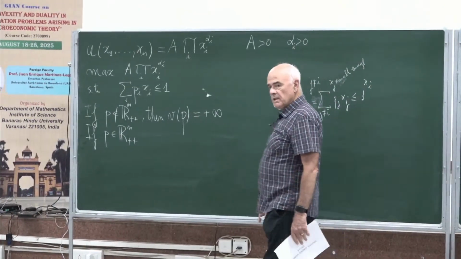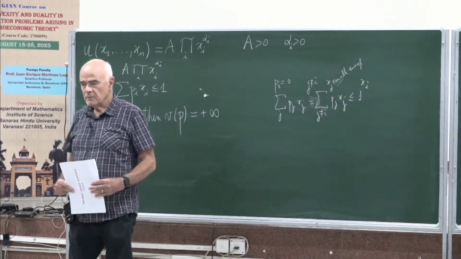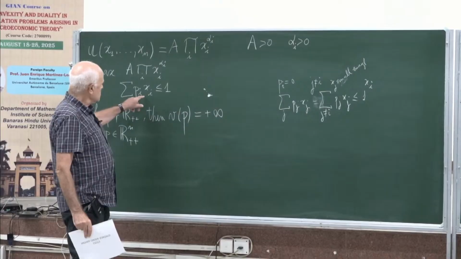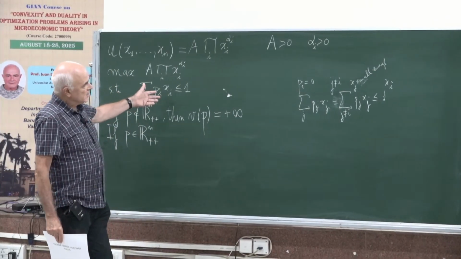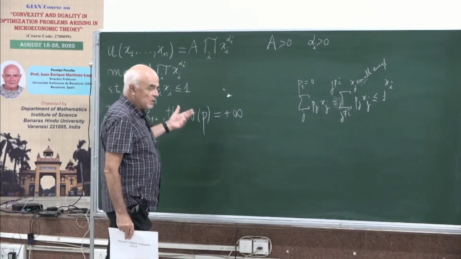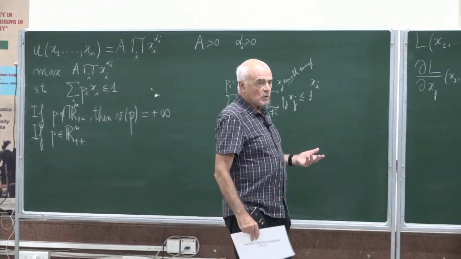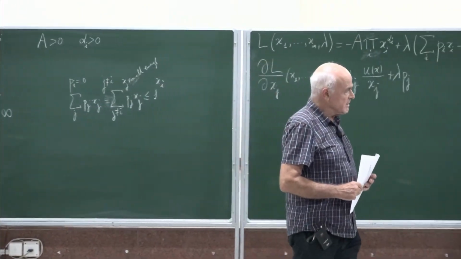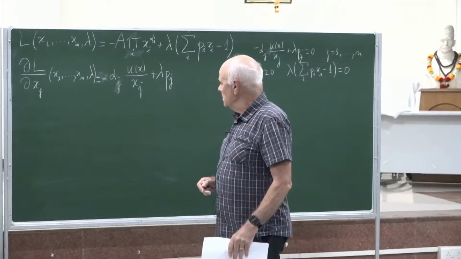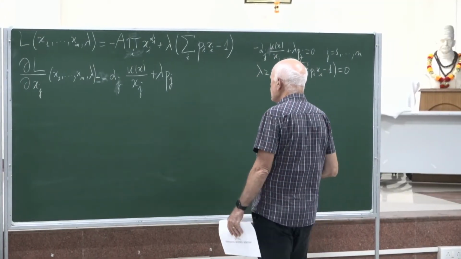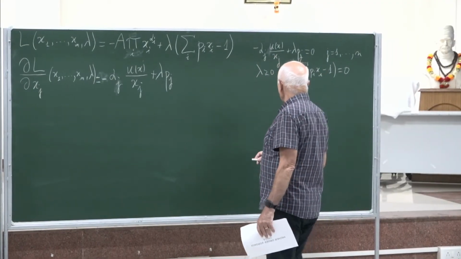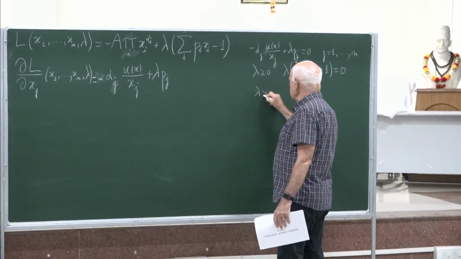Certainly, because we are dealing with an optimal solution, and at an optimal solution, no xj can be equal to 0. This can be easily seen. Okay, then, so lambda is strictly positive.